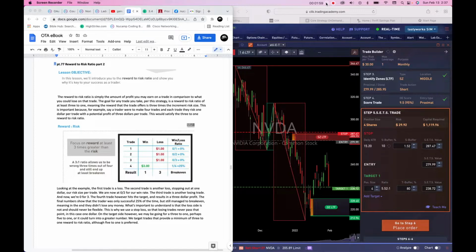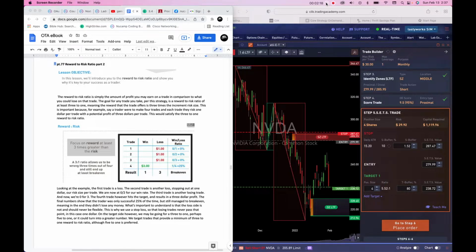Now, what's important to understand from that example is that the loss side is not and should never be flexible. This is why we use a stop loss, so that losing trades never pass that point. In this case, $1 per trade.